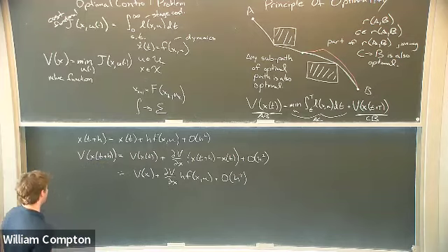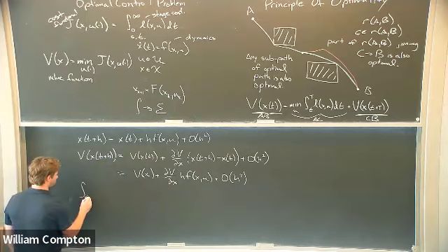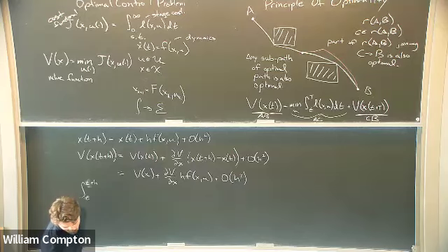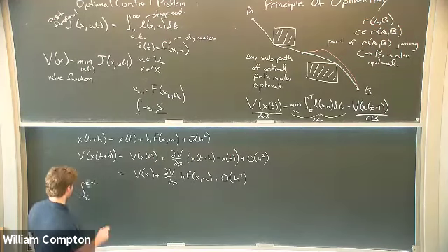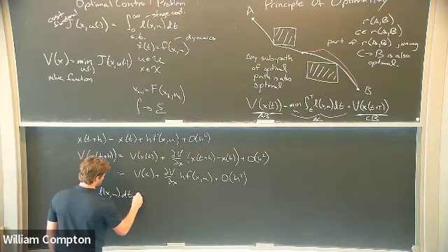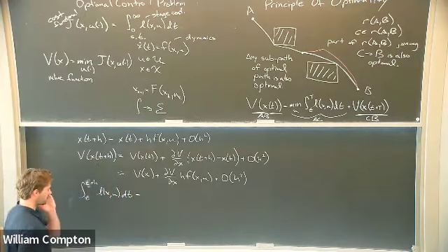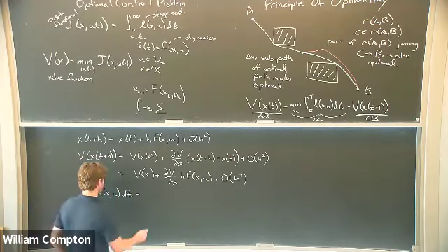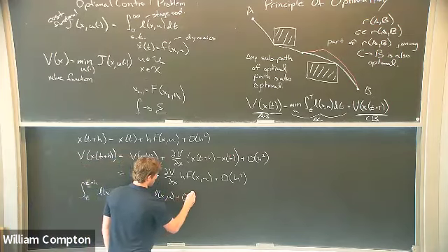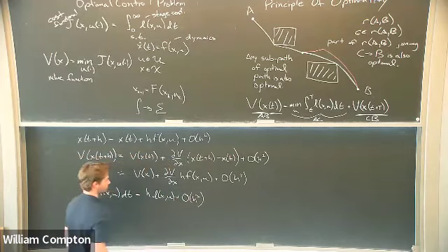And then the last term that we need to expand is the integral, where this one will be exactly equal to h L of x, u, plus O of h squared.